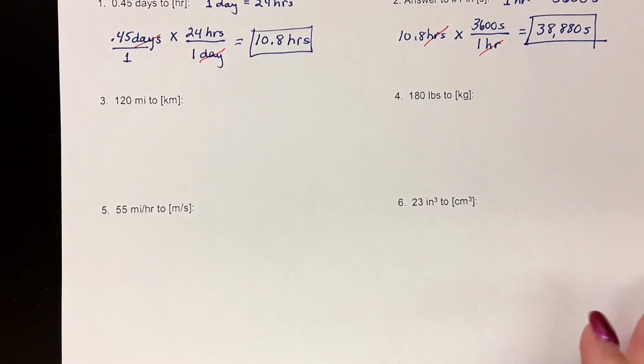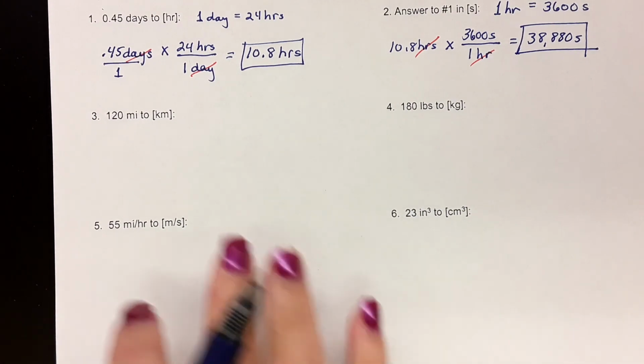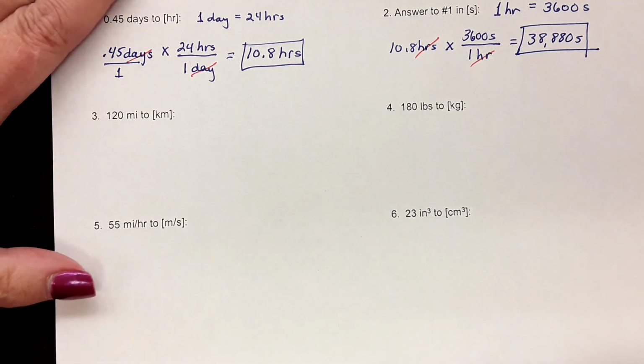Now, these are a little tougher because not everybody tends to remember these conversion numbers very well. Miles to kilometers and pounds to kilograms, all that. Some of them, if you use them enough, you get used to them. It's no big deal. Time is the ones people remember the best. But these others, little trickier. So that's why I did put in your reference folder a reference page that has conversion tables on it for conversion factors.